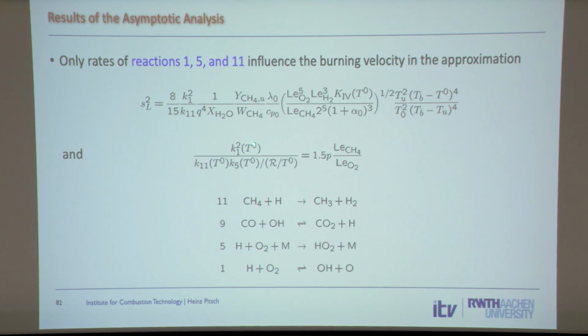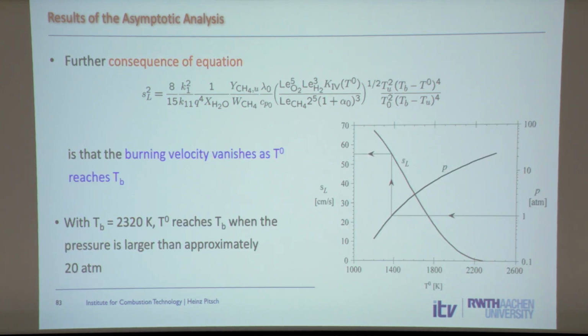If I fix the pressure, it gives me T naught. Now, it does not depend on the composition, for example. The adiabatic flame temperature depends on the composition. A small equivalence ratio gives me a small adiabatic temperature, right? Or a very high equivalence ratio, same thing.